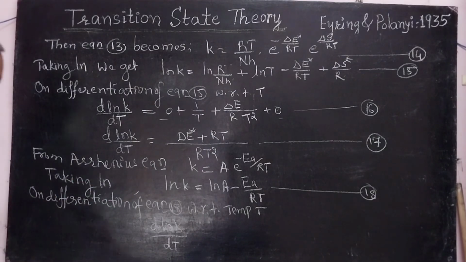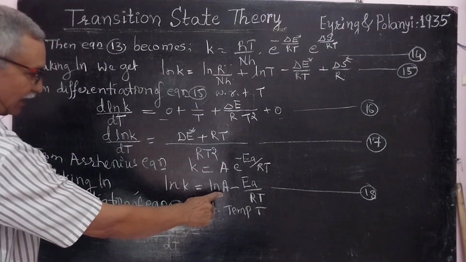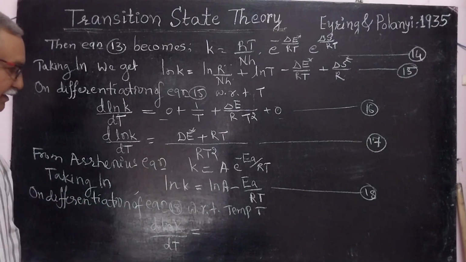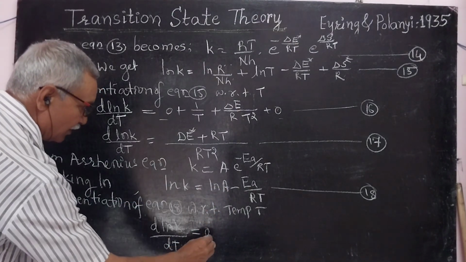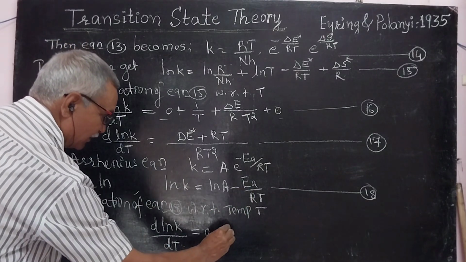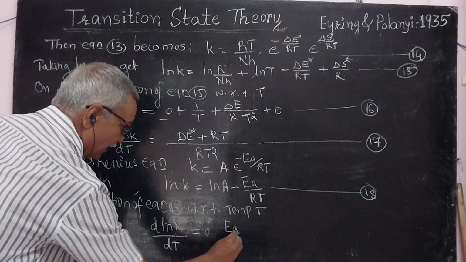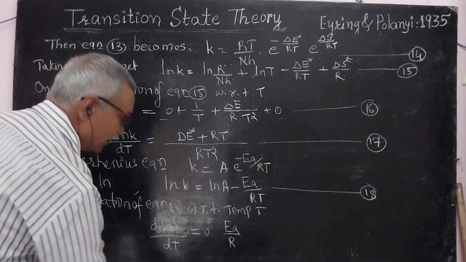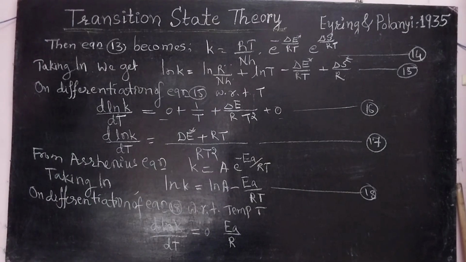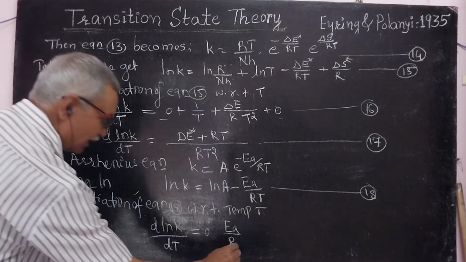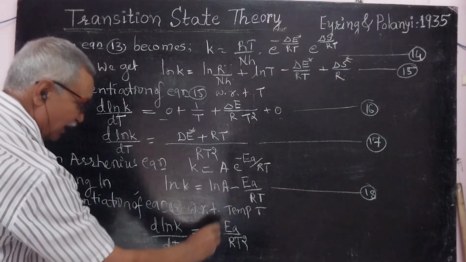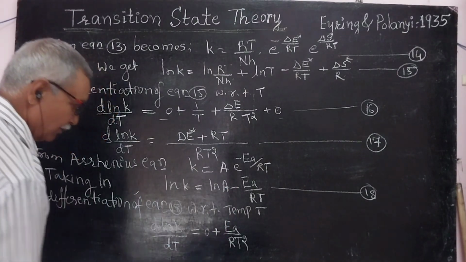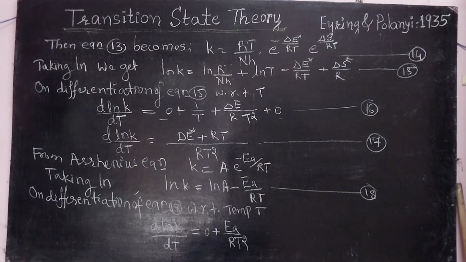Then the differentiation of ln A: ln A is a constant, so the differentiation of a constant is equal to 0. Then the differentiation of the other term, EA divided by R, remains as it is. Then the differentiation of 1 divided by T is minus 1 divided by T square, and that minus becomes plus.